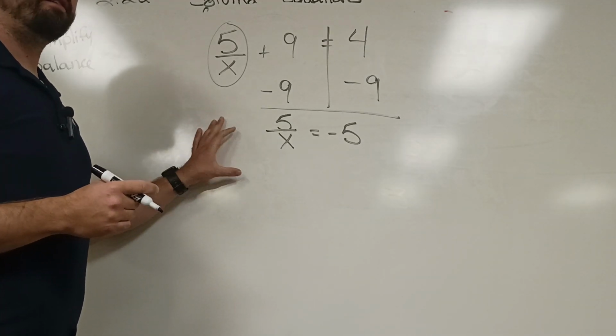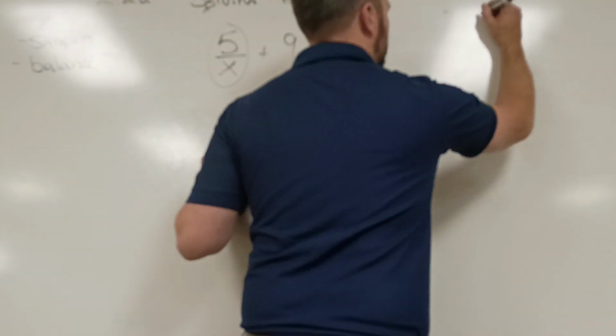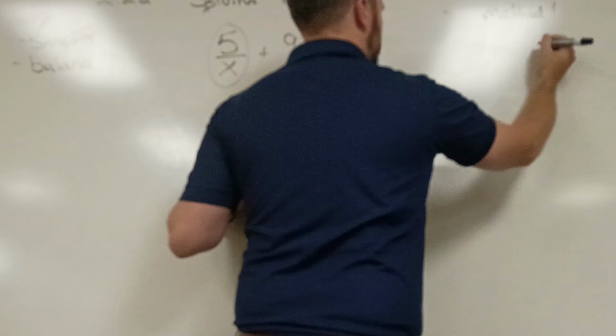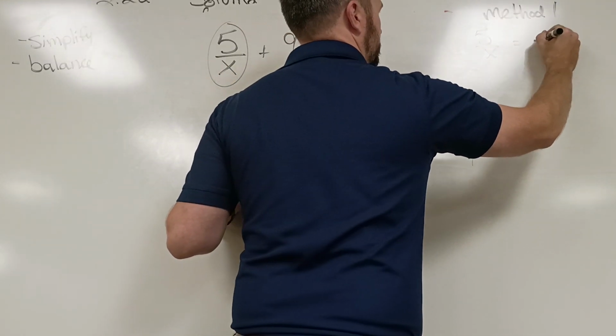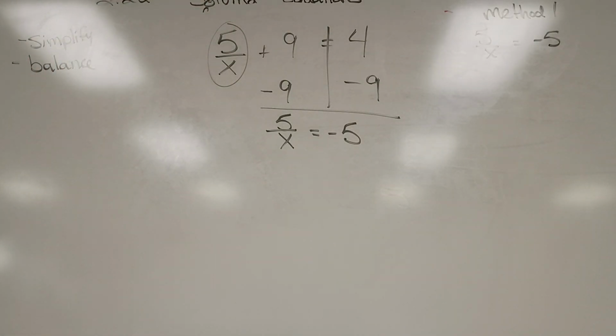Now there's going to be two ways you can solve this. Okay, I'm going to give you both. So method one, I'm going to call the actual algebra method. X is on the bottom, right? That means nothing to me. How can I get x not on the bottom?